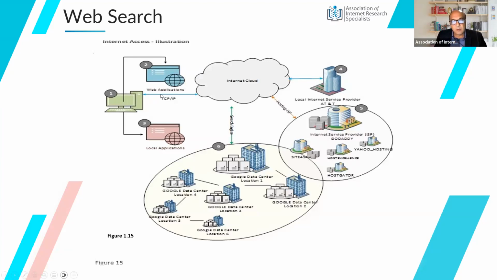And those are what we call web applications. Web applications can be anything that you download, anything you run as subscription on your browsers, but basically it works with connectivity through the internet to the main servers in the network or in the internet environment. So those are web applications.